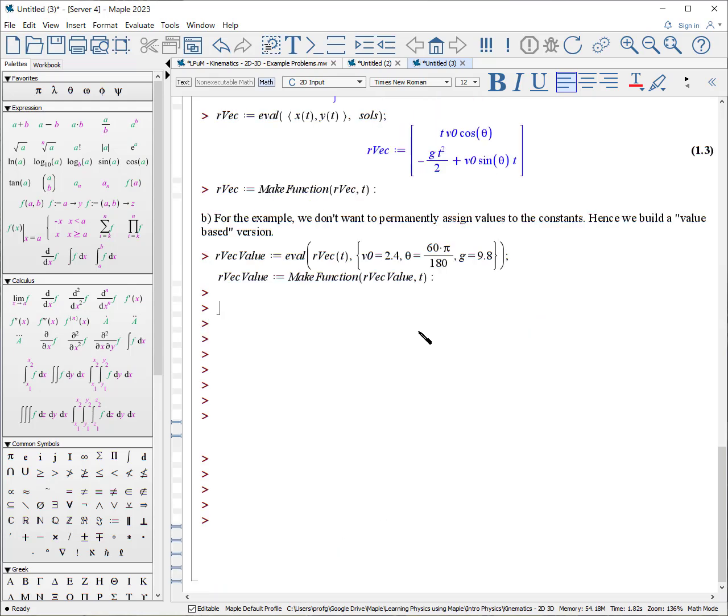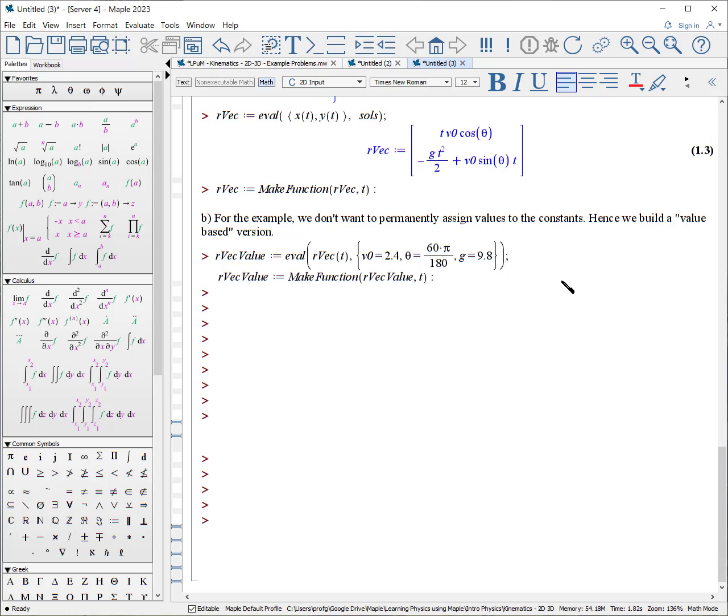Because at this point it's time to do part B, which says let's launch it with 2.4 meters per second of speed at a launch angle of 60 degrees, which we have to convert to radians by multiplying by pi and dividing by 180. G is 9.8.